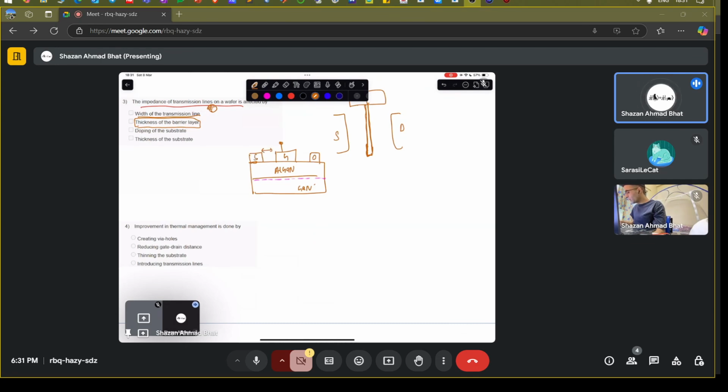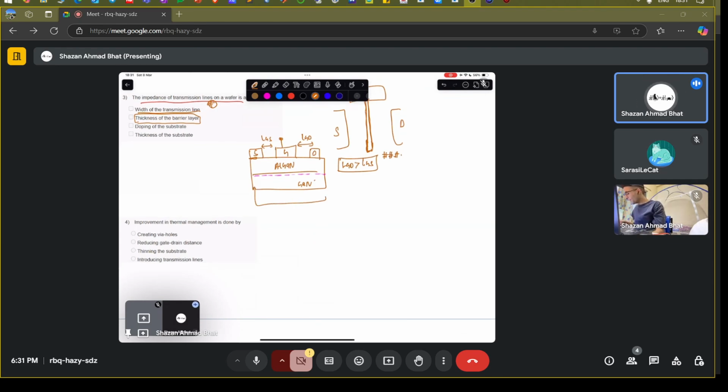So this is the gate to source distance, and this is the gate to drain distance. The gate to drain distance is greater than the gate to source distance. It has different reasons related to breakdown as well as thermal management. Let's not go into that. Let's say this is the substrate. But as I told you, this particular distance is going to matter, the gate to channel distance. This is the channel.